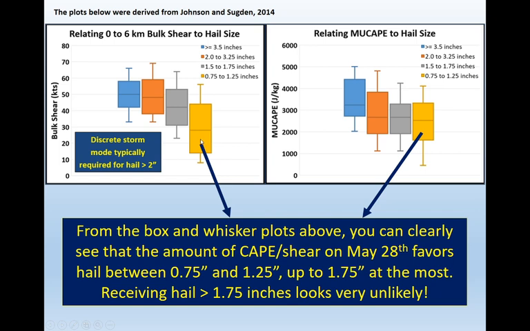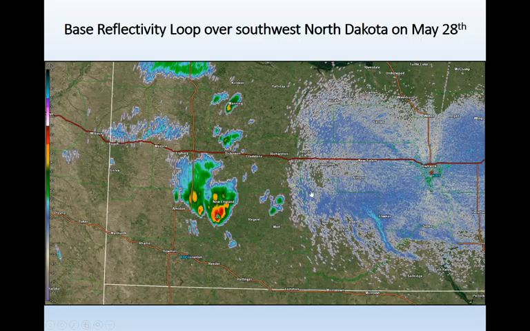And then over here, remember we had pretty weak shear on this day, around 25 knots or so. So once again, we're favoring hailstones between the size of about nickels to about half dollars. So nothing crazy. We wouldn't really expect giant hail on this day, maybe 1.75 inches at most, but receiving hail greater than that, say 2 inches or larger, seems really unlikely given the environment we have.